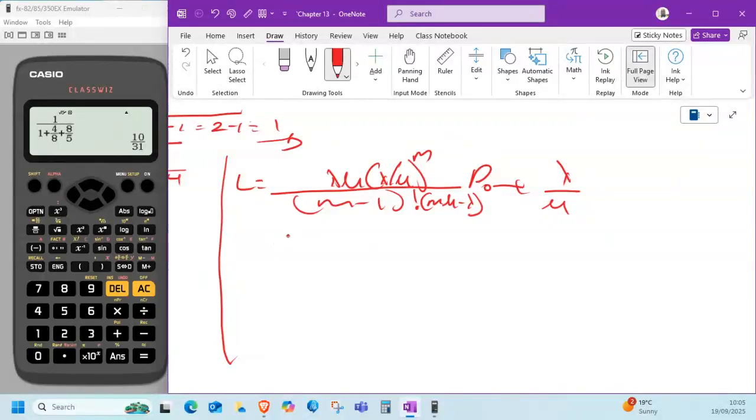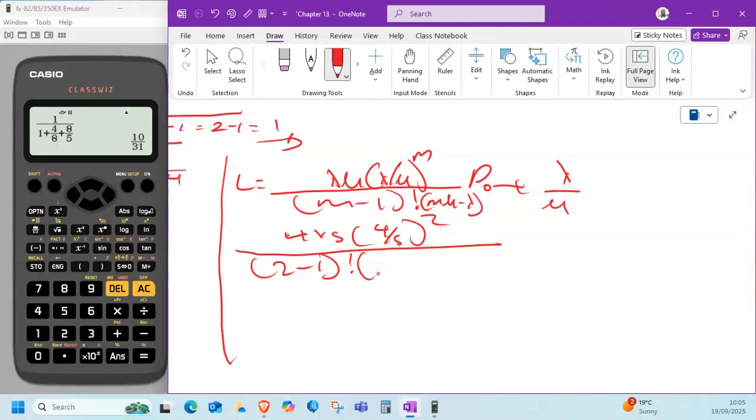Now we're dealing with 4 and 5, right? 4 multiplied by 5 over 4 over 5 M2. Then 2 minus 1 exclamation mark, 2 multiplied by 5 minus 4.